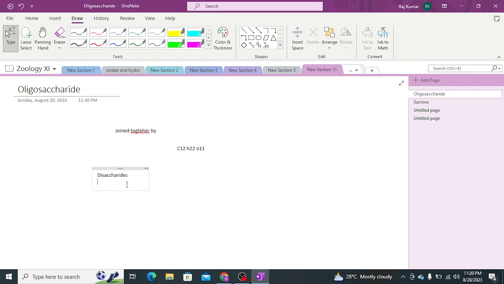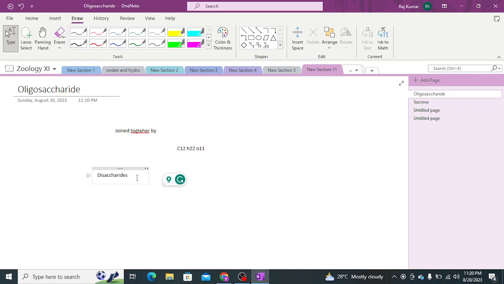After which there are trisaccharides, with examples such as verbascose. There are tetrasaccharides as well as pentasaccharides, but we are going to specifically study disaccharides here, because the structures of tetrasaccharides and trisaccharides depend upon the structure of disaccharides.